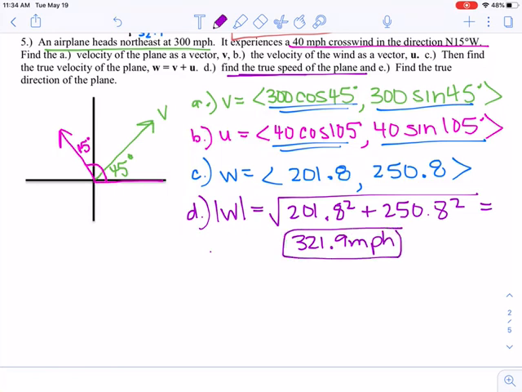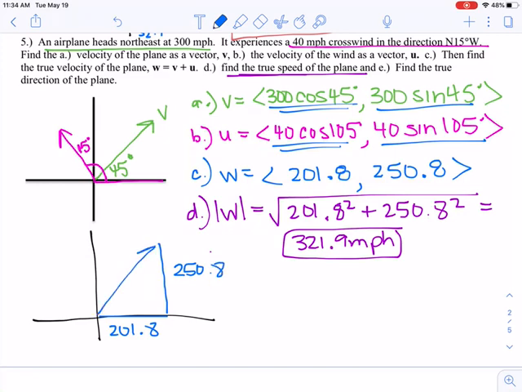Then let's go ahead and figure out what happens to the direction of the airplane when it's being pushed by the wind. So if I redraw my x and y axis, my vector w is forward 201, up 250. So I can draw in my vector w.